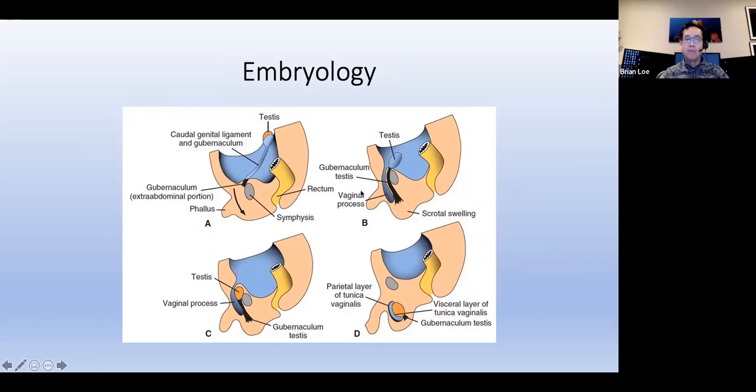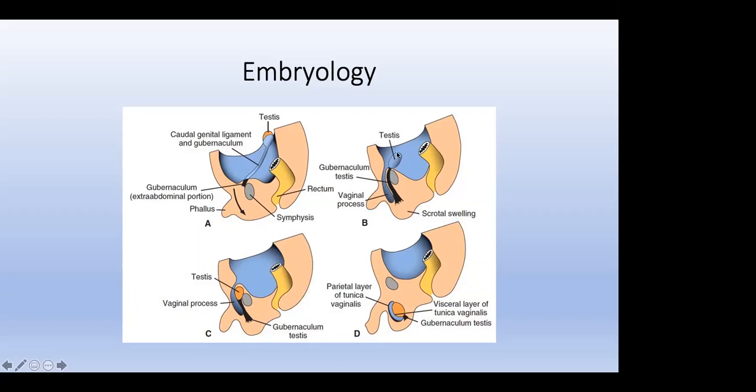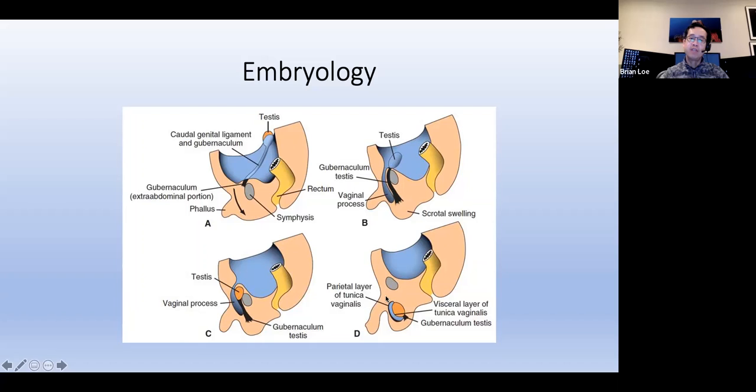So eventually, the gubernaculum, along with the processus vaginalis, extends down into the scrotal sac here. The processus vaginalis in the early embryologic period communicates directly with the peritoneal cavity. Eventually, in the adult form, this communication is sealed and obliterated.